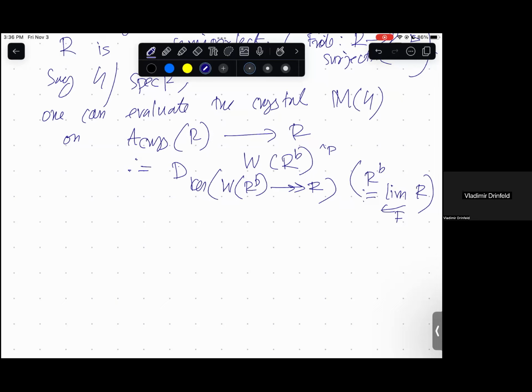So semi-perfect schemes are highly unusual. A finite dimensional scheme is not semi-perfect, except with some obvious exceptions.